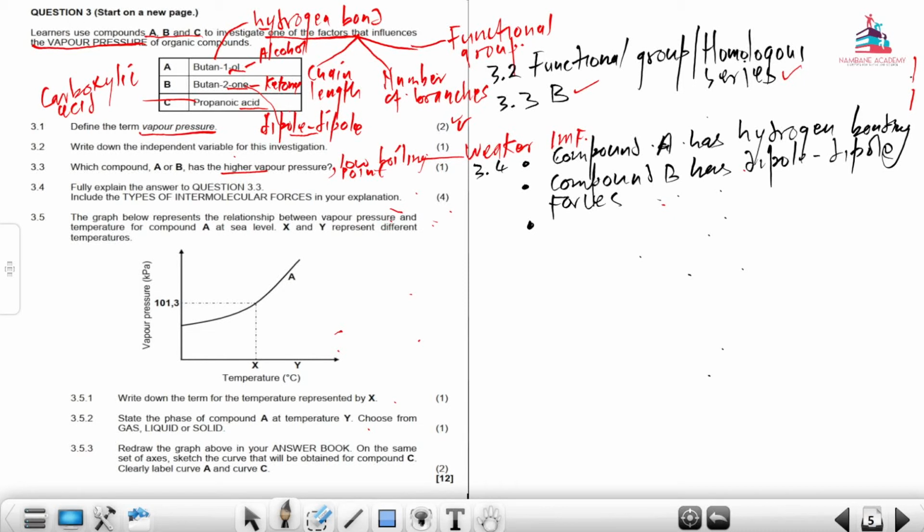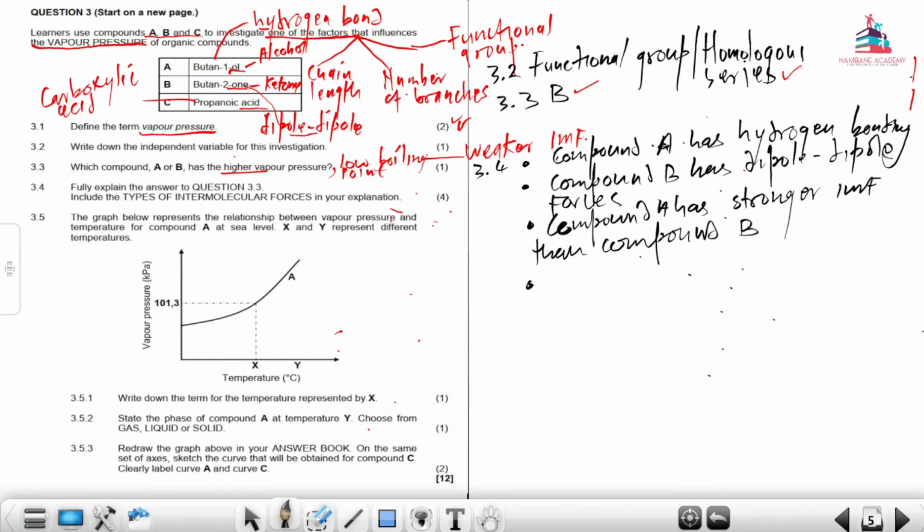Then what else do we need to do? Compare the strength of the intermolecular forces. Then we say compound A has stronger intermolecular forces than compound B. Then the last bullet, it's energy.